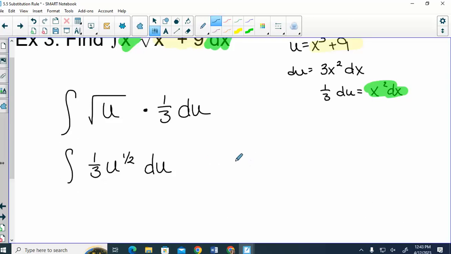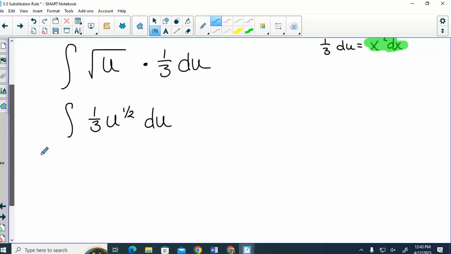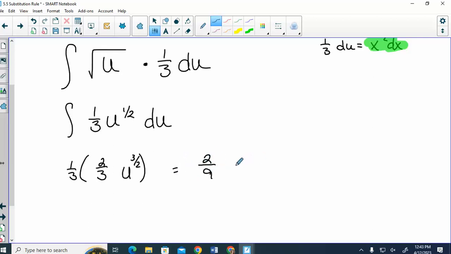So integrate. The 1/3 would stay. Add 1 to the power, so that's 3/2. We get a 2/3 in front. This is 2/9 u to the 3/2 plus c.